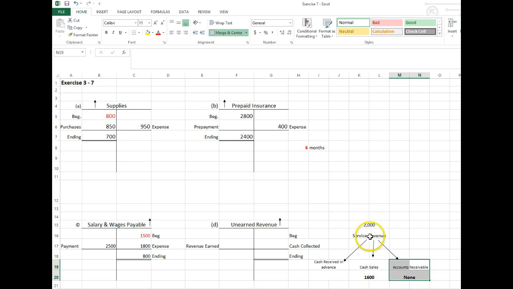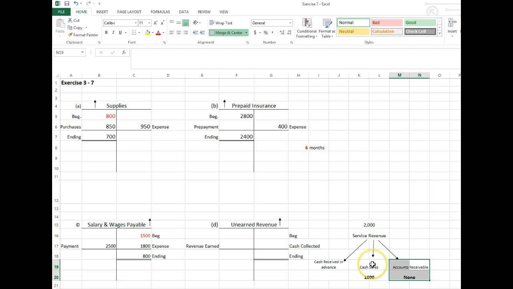So there's really 3 ways, right, of recording revenue. It could be sales on account. It could be that we sold the product for cash, or it could be that the customer had prepaid and then later we delivered the goods and earned the revenue, right? The 3 timings of revenue. We can earn revenue before we receive the cash, which creates an accounts receivable.